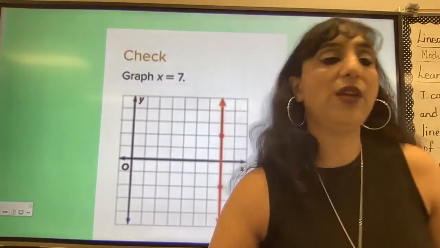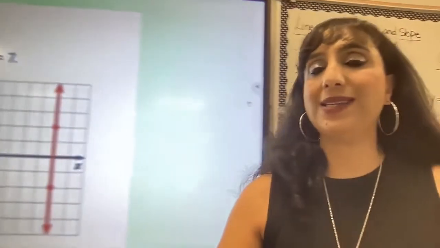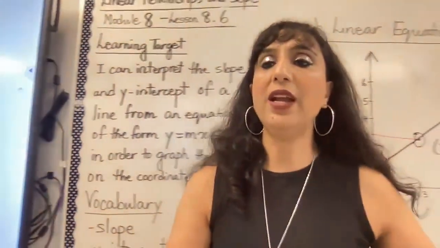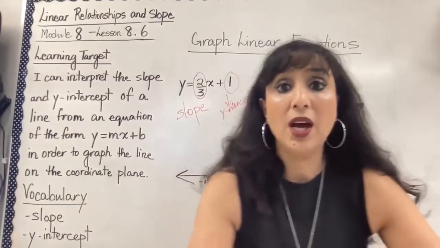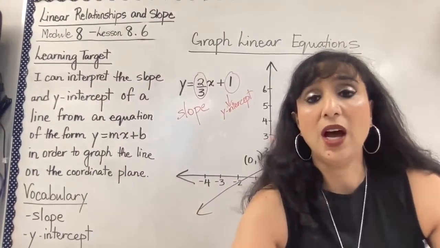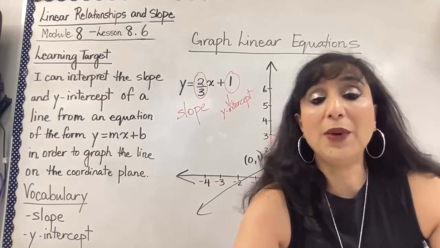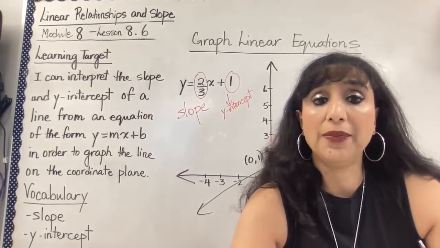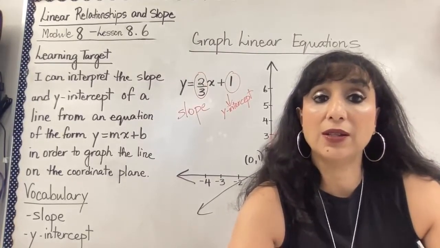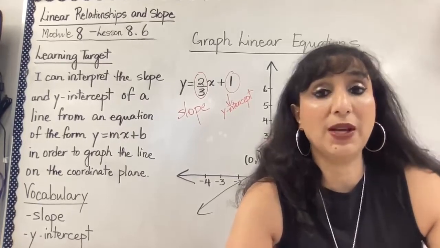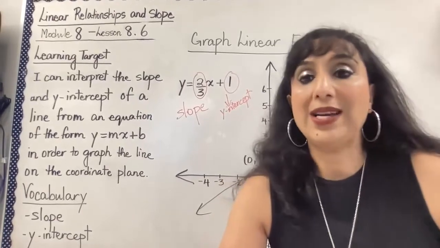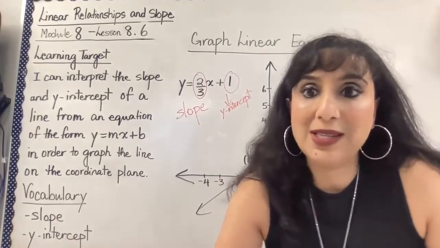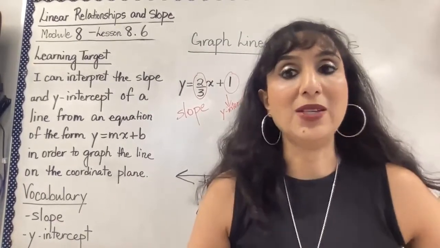All right. So therefore, this is our lesson on graphing linear equations. Just by looking at the equation, you can graph it, and you're using the slope intercept form of the equation. The slope and y-intercept are found from there, and you have y = mx + b, where m is the slope and b is your y-intercept.